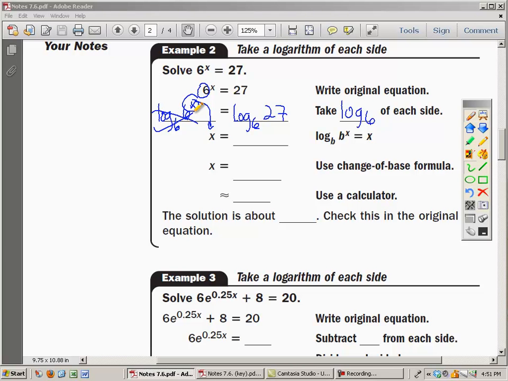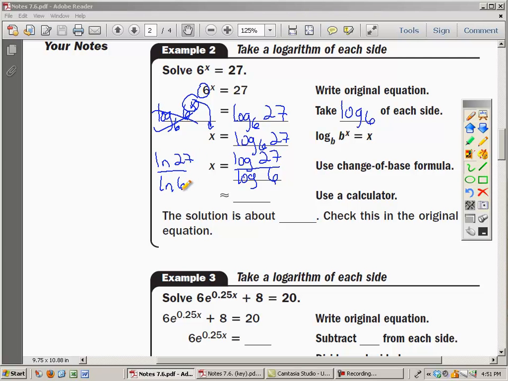Now, log base 6 of 27, we're going to have to use our change of base, right? So when using our change of base formula, this becomes log base 10 of 27 over log base 10 of 6, or common log of 27 over common log of 6. By the way, you could also do natural log of 27 over natural log of 6.